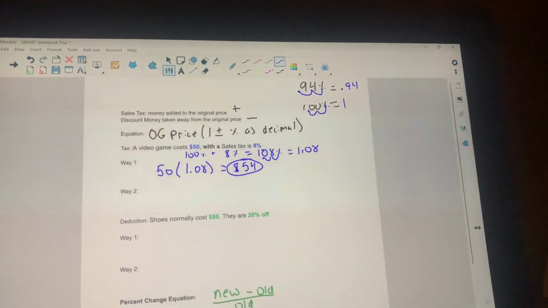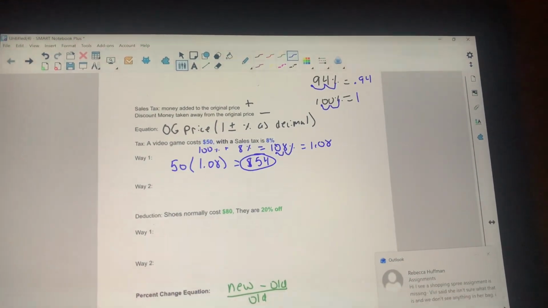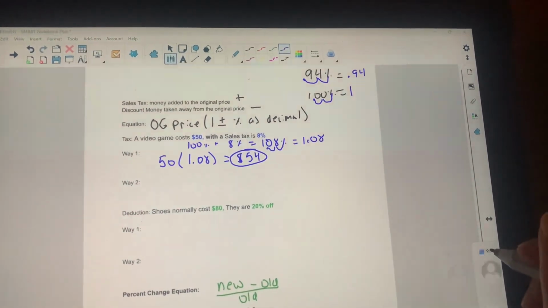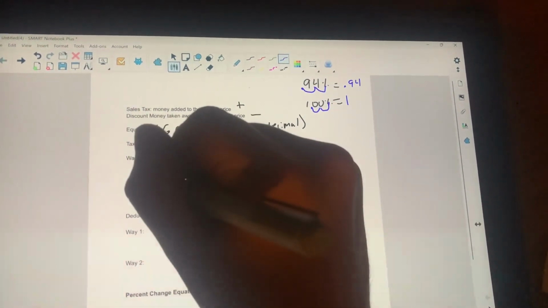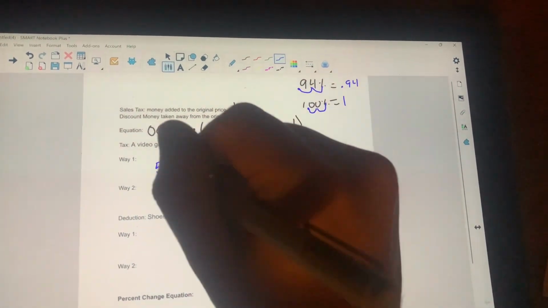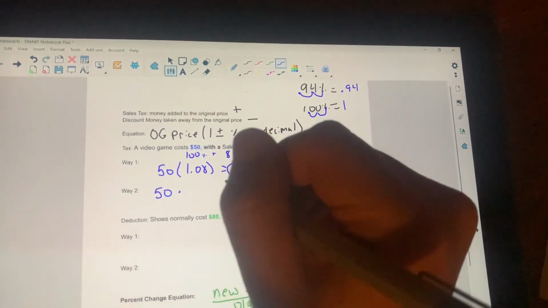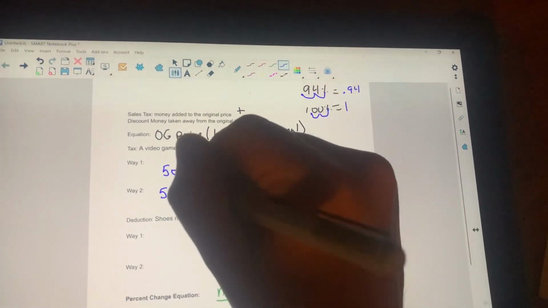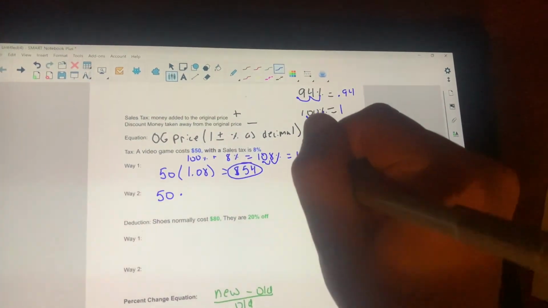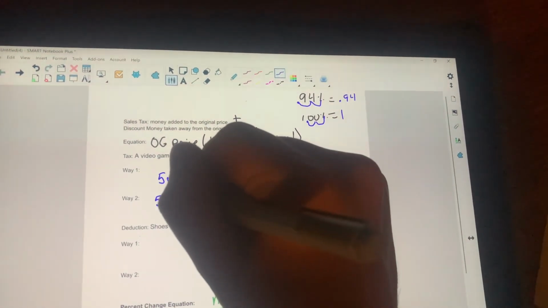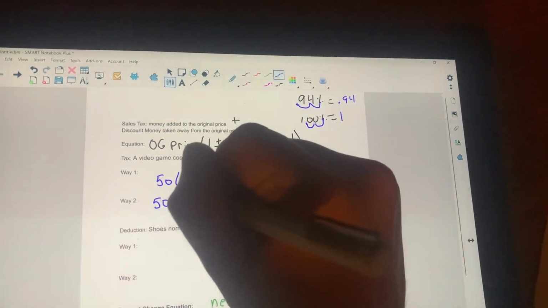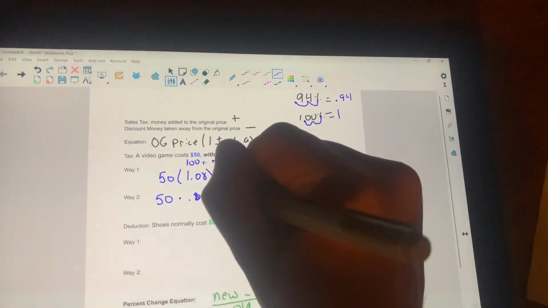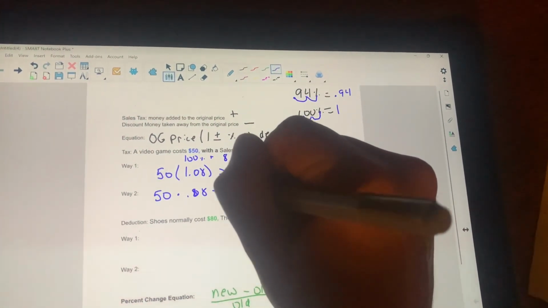Now, there's another way we can do this without our equation. That would be my original price of $50. Multiply that by my sales tax of 8%, which 8% as a decimal is 0.08. So multiply that by 0.08. That'll get me $4.